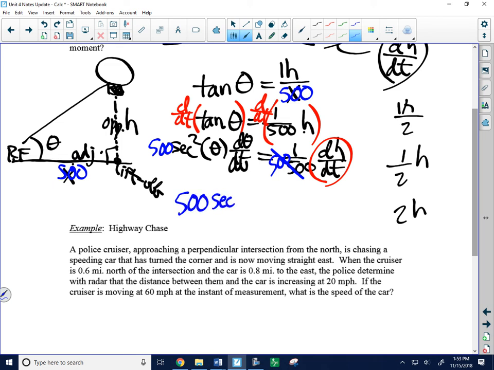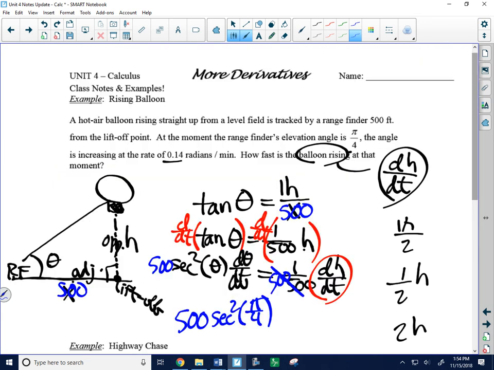500 secant squared of, they gave us the angle, pi over 4. The angle of elevation, yep, pi over 4. And then d theta dt, that's the rate of change of the angle, when it is increasing at the rate of 0.14 radians per minute.